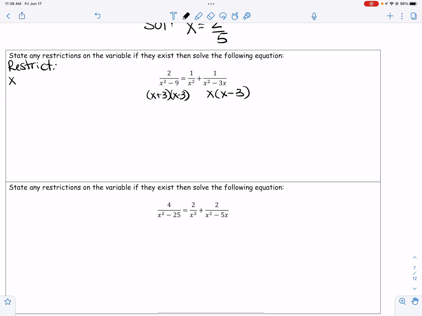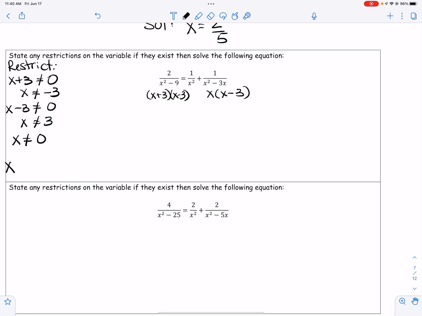I have x plus 3 cannot equal 0, so that says x cannot be negative 3. X minus 3 cannot equal 0, so x cannot equal 3. X cannot equal 0, and I think that's it. Now, because I have x squared is just x times x, each one of those x's cannot equal 0.